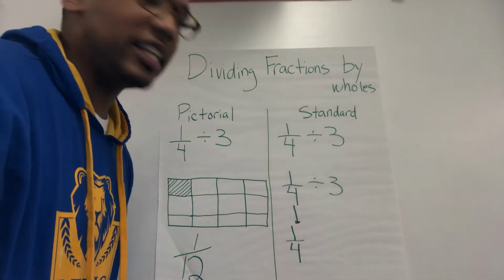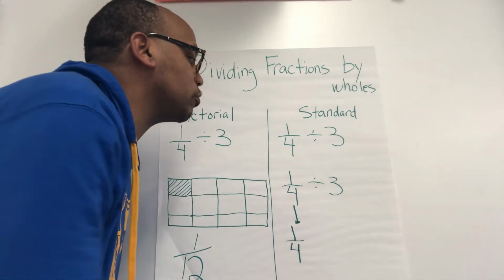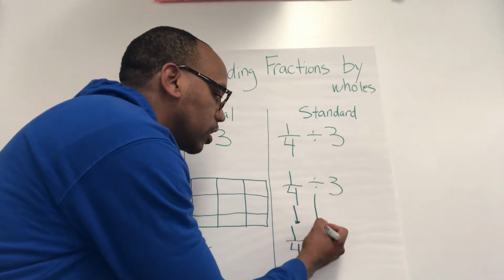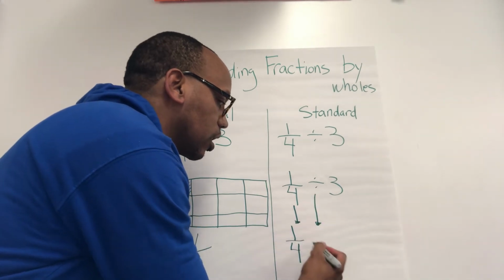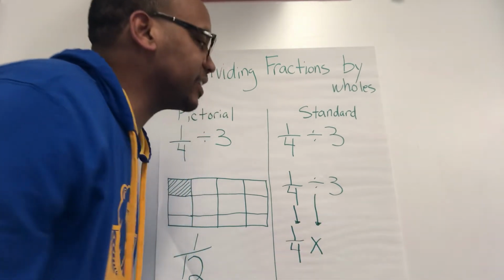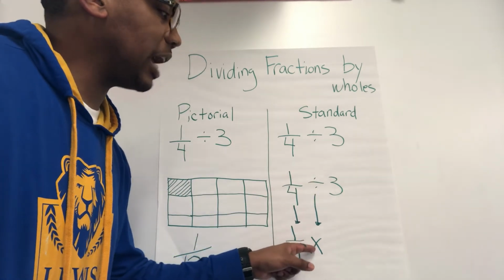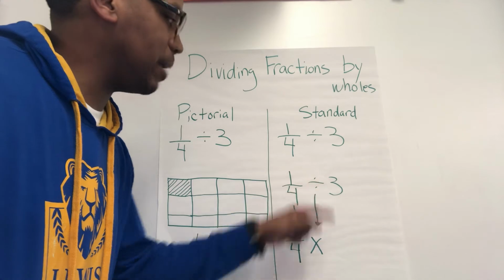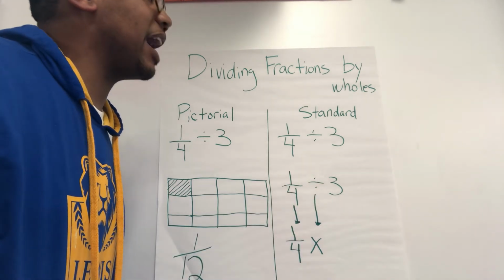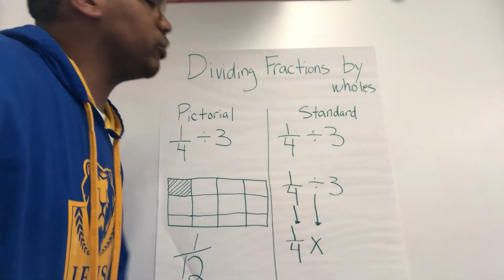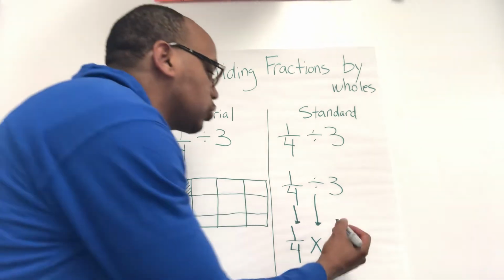Now, I'm going to change division into multiplication. And since I changed division to multiplication, I'm going to change what I divided by. Instead of dividing by 3, I'm going to do the inverse, which is 1/3.